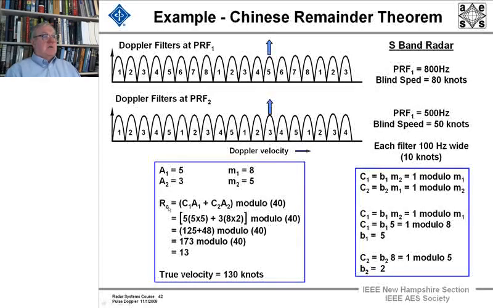And then, to calculate R, if you reduce that 3-PRF system, you come out with C1 times A1 plus C2 times A2 modulo 40. And this would be modulo M1, M2, and so on.